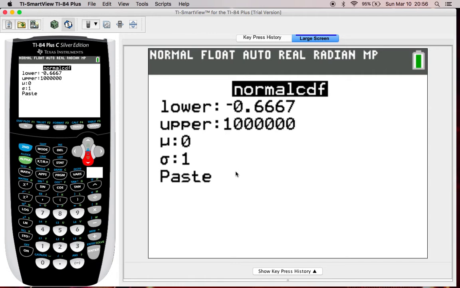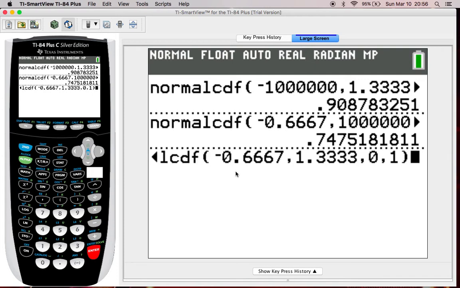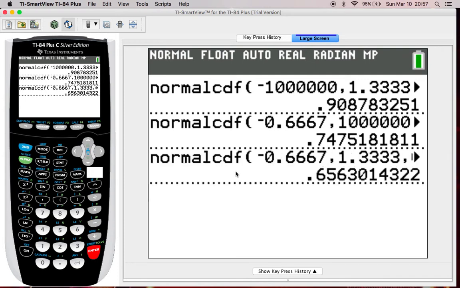And the upper bound is going to be the larger z-score, 1.3333. Mean is 0, standard deviation is 1. Hit paste, and then hit enter, 0.6563. So that is how you use normal CDF to calculate probability if you're given a value for x.